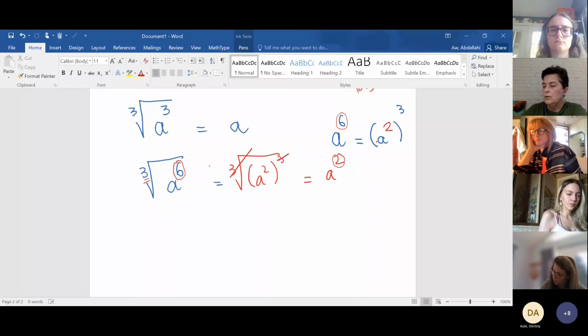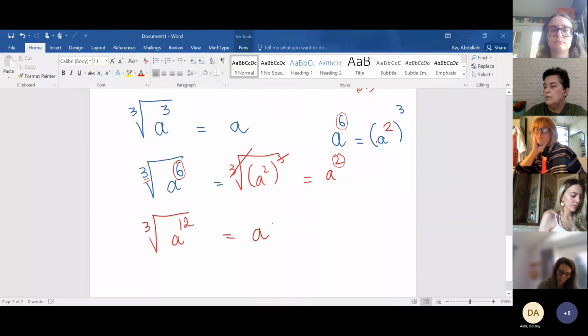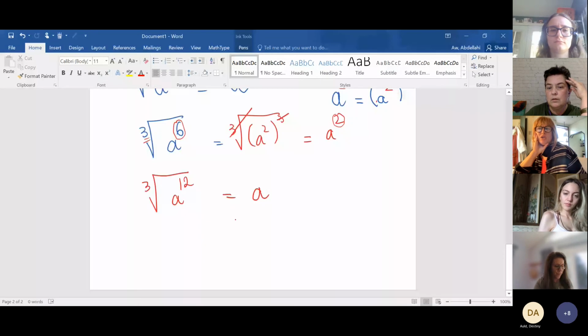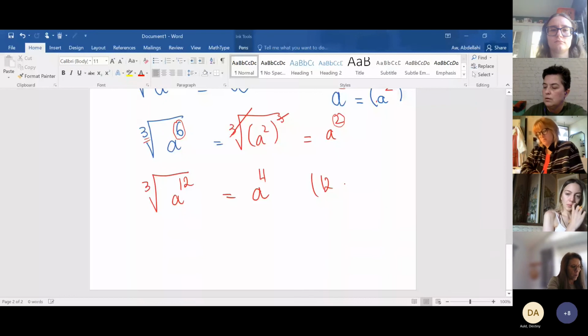For instance, when you do cube root of a to the 12, what's going to be the answer then? A to what power? 4. A to the 4th, right? It's like 12 divided by 3.